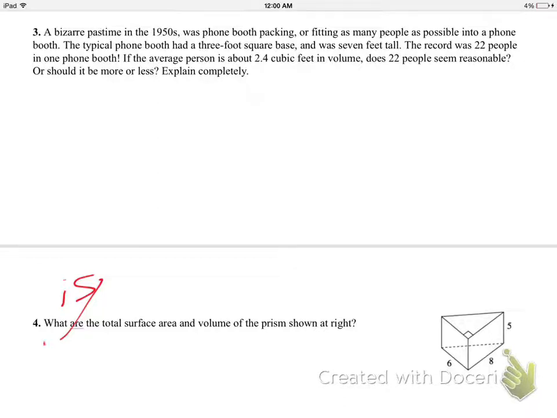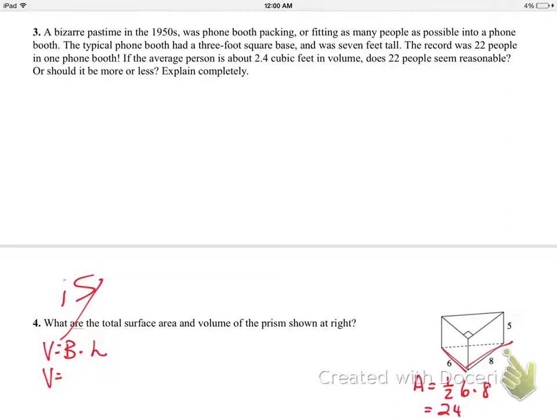All right, so my volume, again, is the area of the base times the height. For this guy, the area of the base is going to be 24 because my length and width are 6 and 8. So the area of the base equals 1/2 base times height, which is 24.